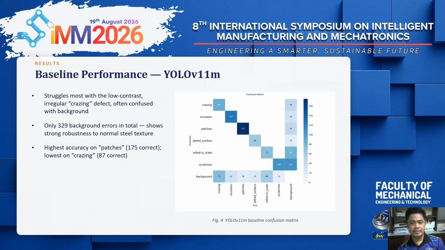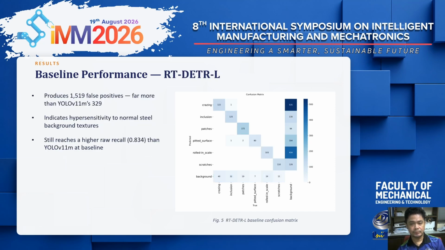These are the two hardest defect types for the model. Despite these weak spots, YOLOv11M only produced 329 false positives overall, showing it's still quite robust to normal steel texture.